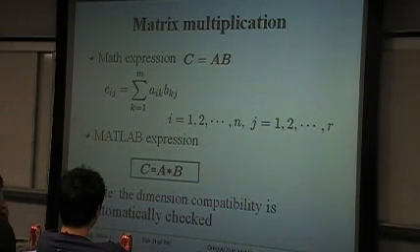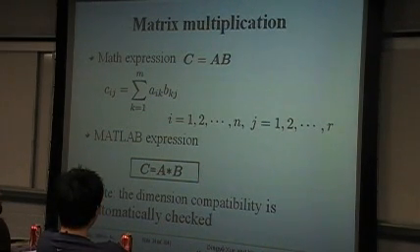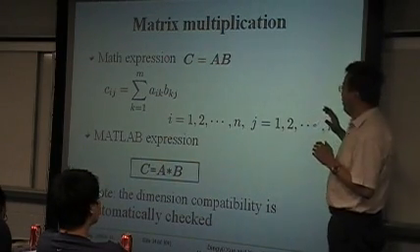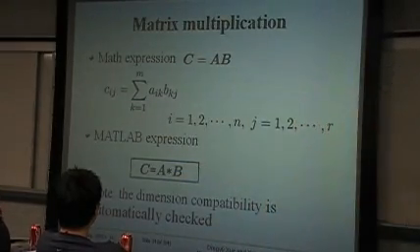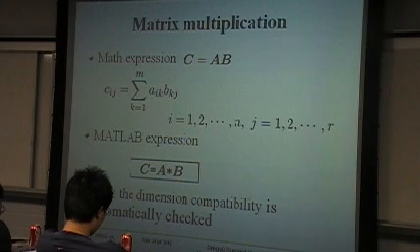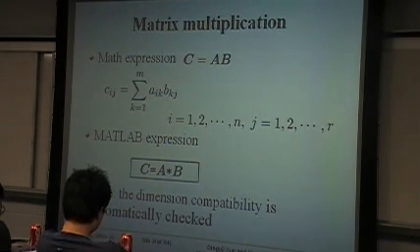Otherwise, an error message will be given. If you cannot remember what about this, just ignore it. What you need to do is memorize this one. That's enough. Just learn how to avoid the pure mathematical details. What you need to do is the interface with Matlab, not the mathematical details.